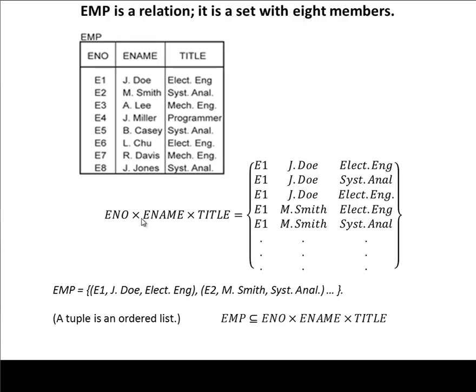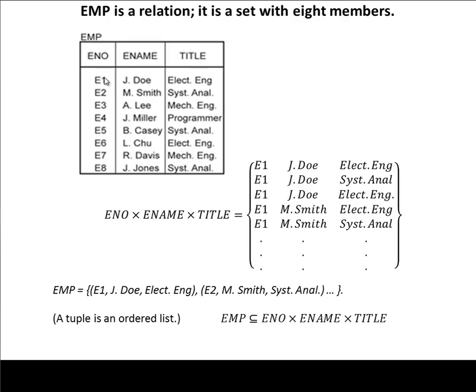then the cross product will then take starting with, let's say, the first value of employee number, and then it will create a new set that consists of the first element, then the second element. Now, the first element is from ENO, the second element is from EN name, and because I'm crossing it with title, the third element is electrical engineer.